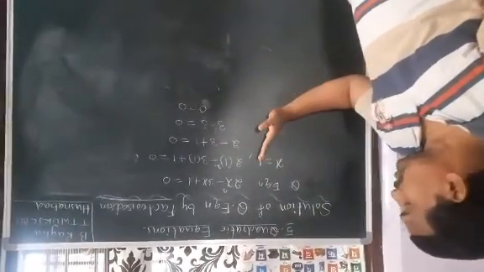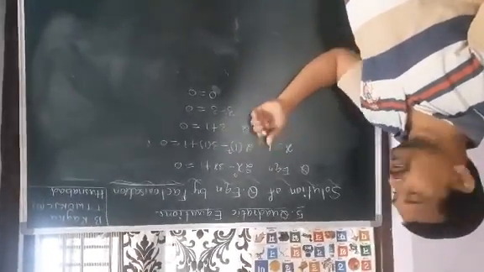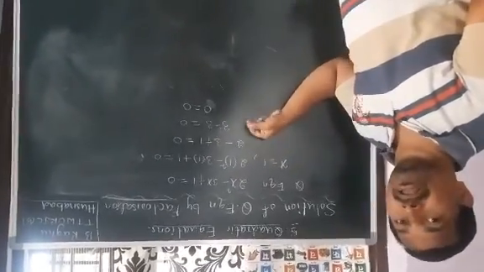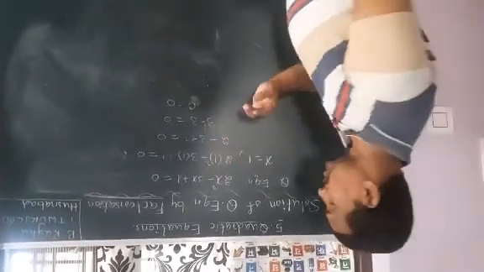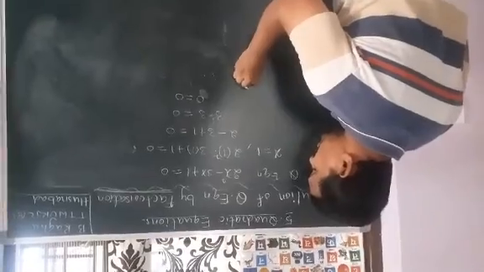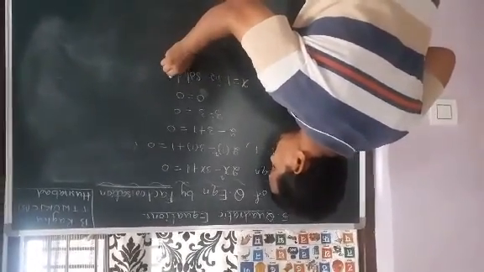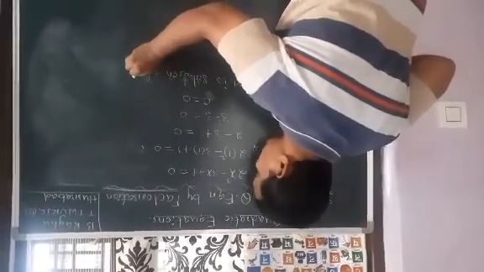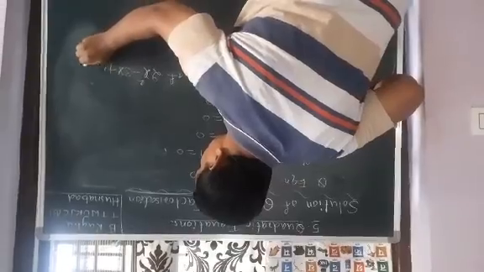So here x equal to 1 satisfies the given equation. So here x equal to 1 is called a solution of the quadratic equation. What we are saying? x equal to 1 is a solution of 2x square minus 3x plus 1 equals 0.